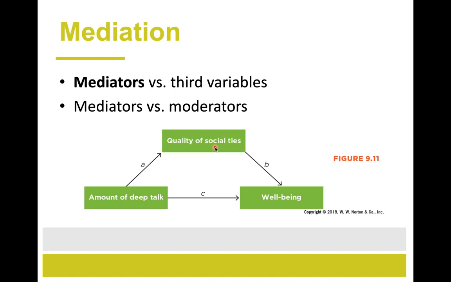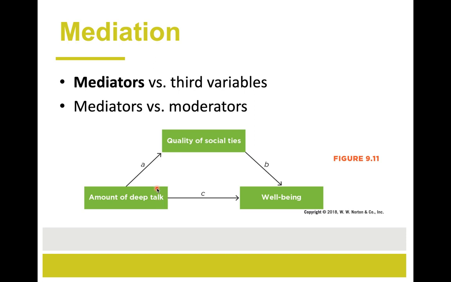Social ties means that maybe there are people there who can help you in a hard time. Social ties mean that if you lost your job, maybe there's someone you could move in with for a month or two, right? And so social ties is what is enabling your well-being. Deep talk is just a piece of the social ties puzzle.